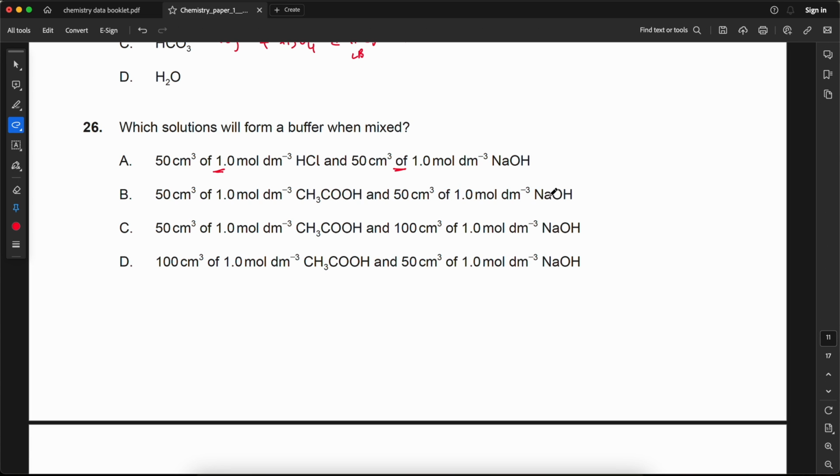So it is not suitable for making a buffer solution, where the weak acid should be in excess. And for this one, NaOH is in excess, so this is not suitable for making a buffer. And for this one, the weak acid is in excess, so the answer is D.